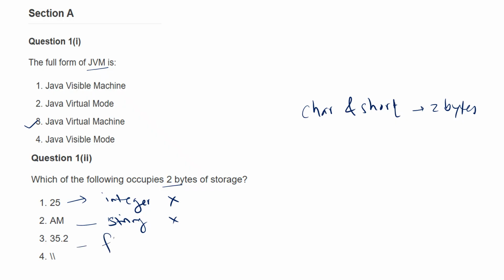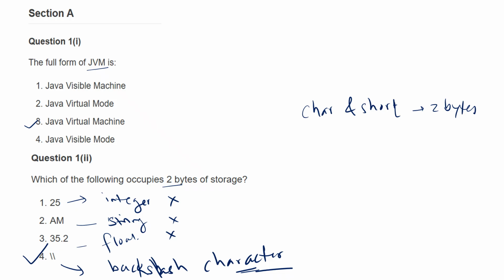This is a float, this will again not be there. Float or double, so this is not there. Now last one, this is a backslash character. Since it is a character, it will occupy 2 bytes, so your answer should be this. Got it? Okay, let's move to next question.